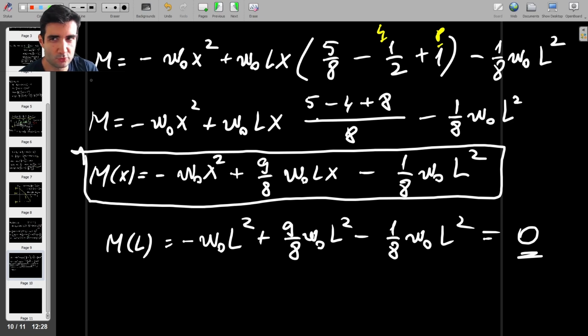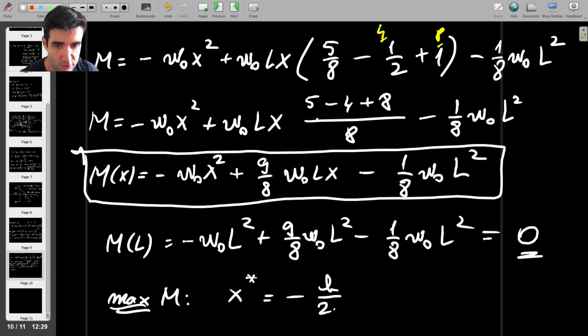I would also be tempted to find where exactly the maximum will be in this case. To find the location of the maximum moment, I'm going to find the x location, which is minus b over 2a from the quadratic formula. So this will be minus. B is just 9 over 8 W naught L, and 2A is just 2 times minus W naught.